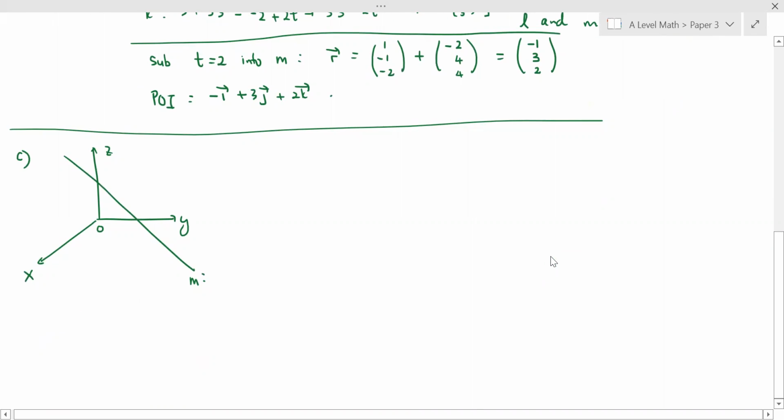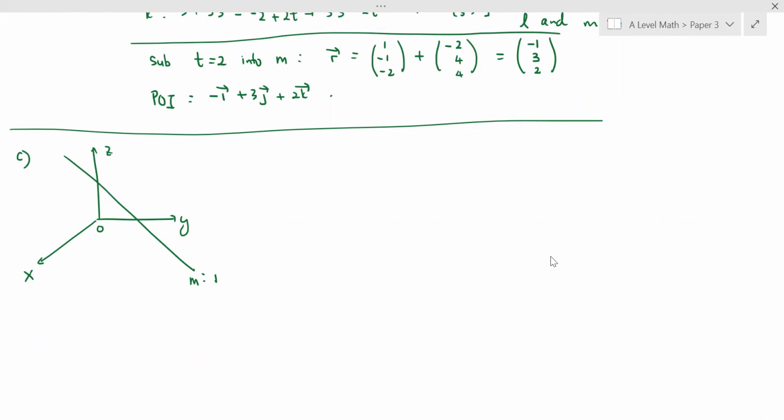Line M is given by r equals (1, -1, -2) plus t (-1, 2, 2).